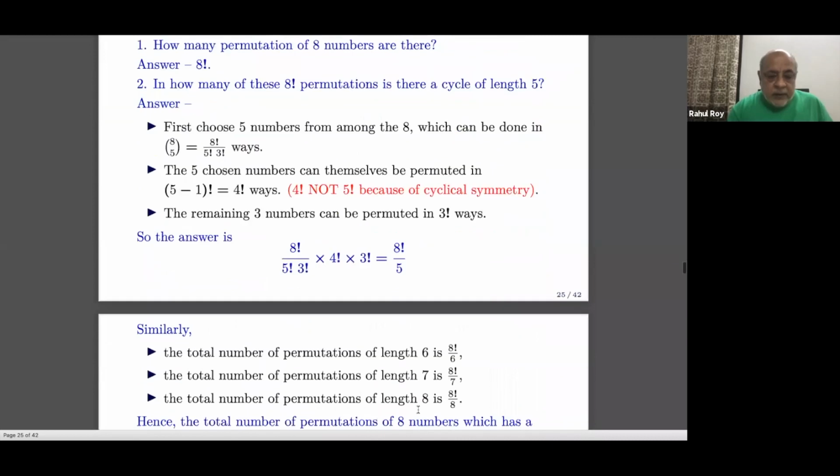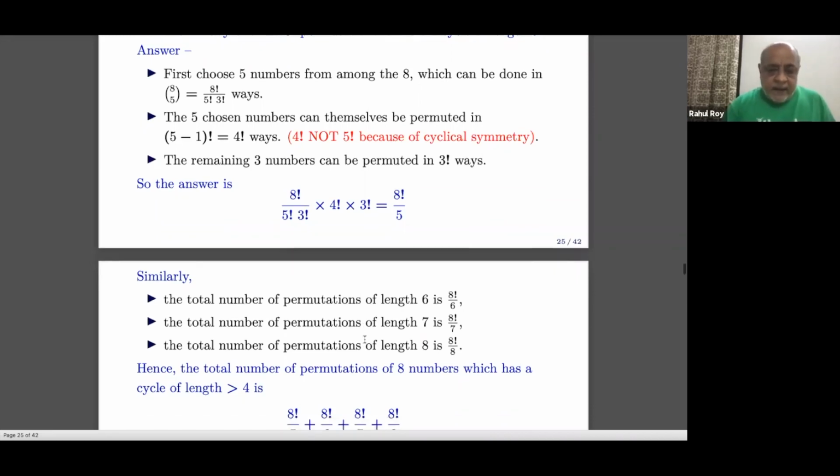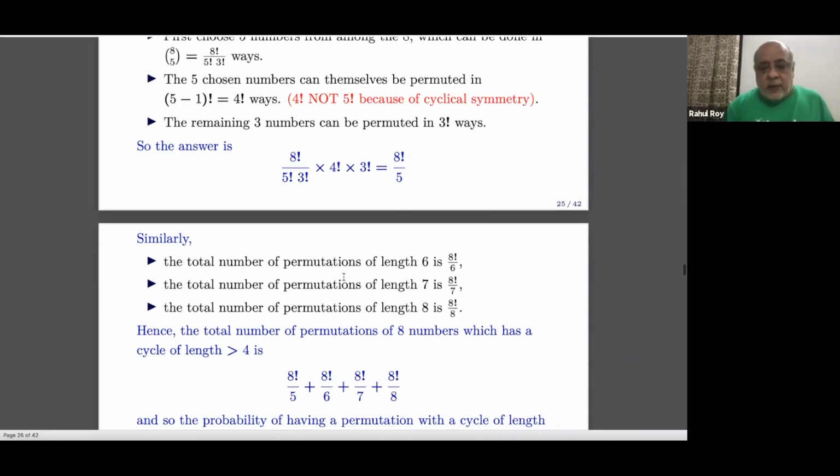Now we count the total number of permutations with a cycle of length 6. Sorry about this misprint, typo. The total number of cycles of length 6 is exactly 8 factorial by 6, by the same argument as earlier. The total number of cycles of length 7 is again 8 factorial by 7, and the total number of cycles of length 8 is 8 factorial by 8.